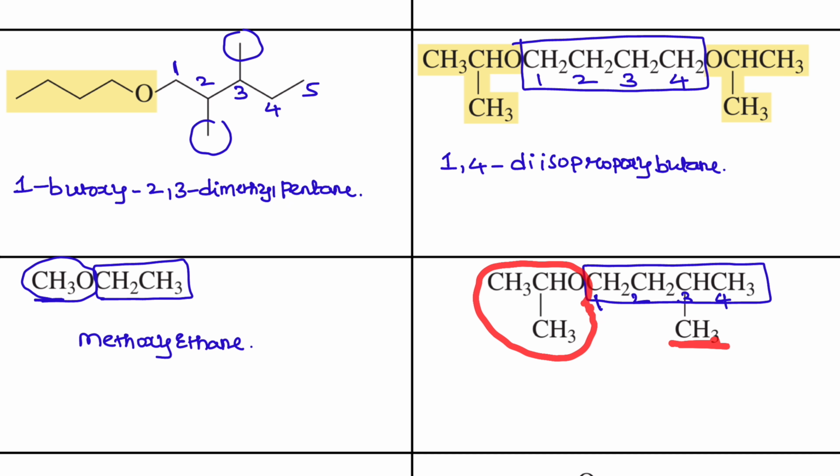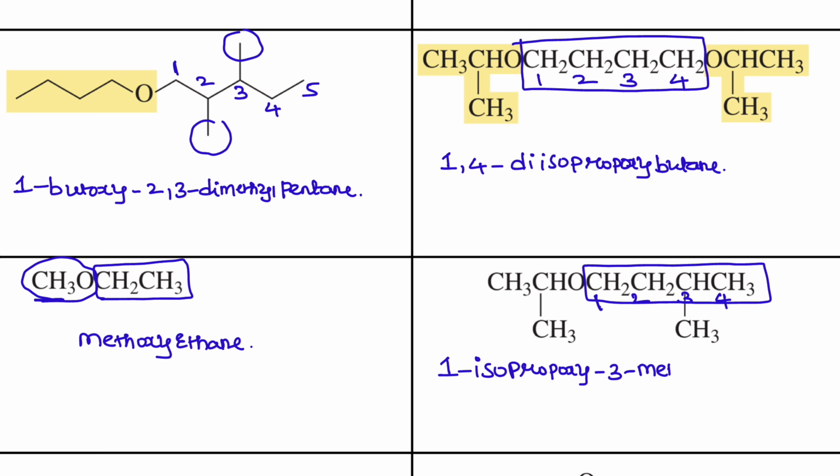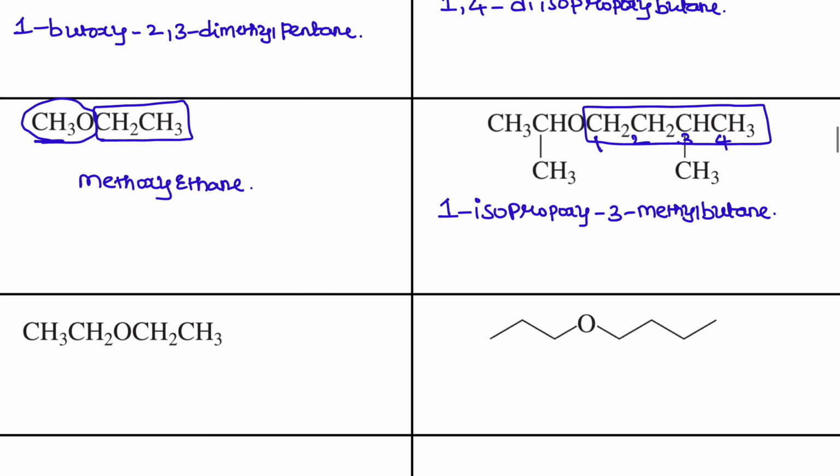Methyl, M. Methyl begins with M. Isopropoxy begins with I. According to alphabetical order, I comes first. Therefore, it is 1-isopropoxy-3-methylbutane.